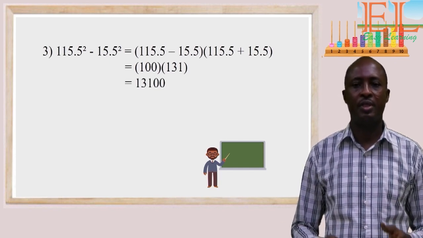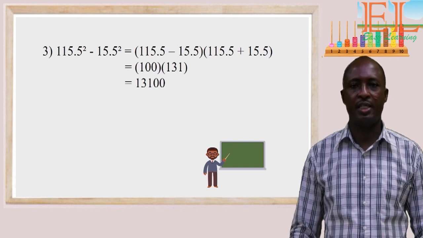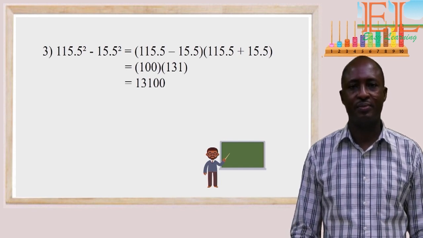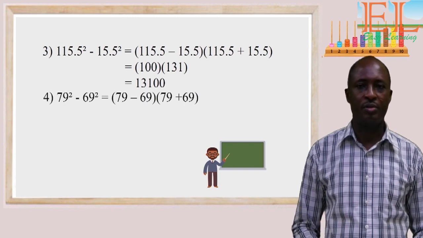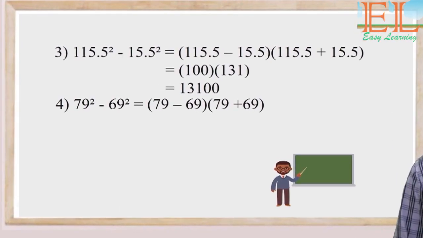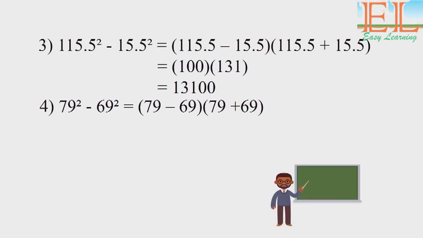And this gives me 13,100 as my answer. For number 4, we follow the same process. So I'll have 79 minus 69 times 79 plus 69. And finally, I have 1,480.